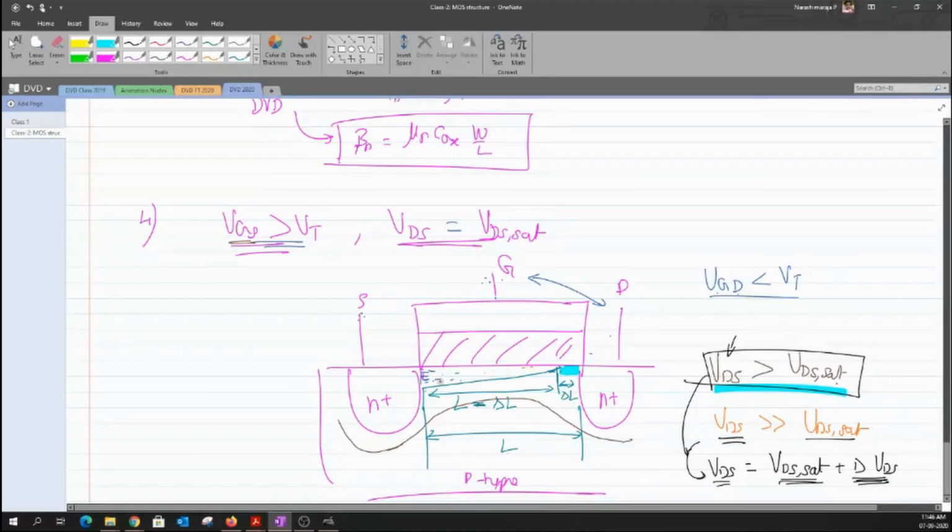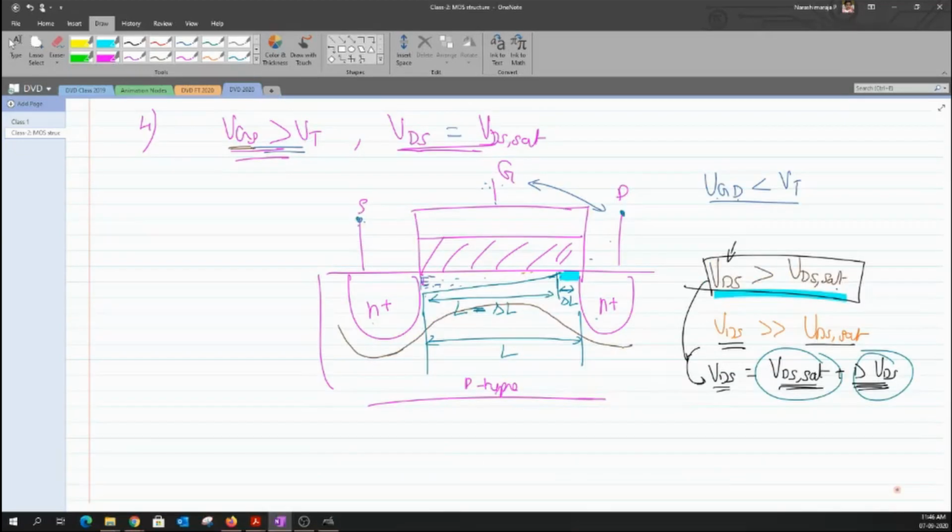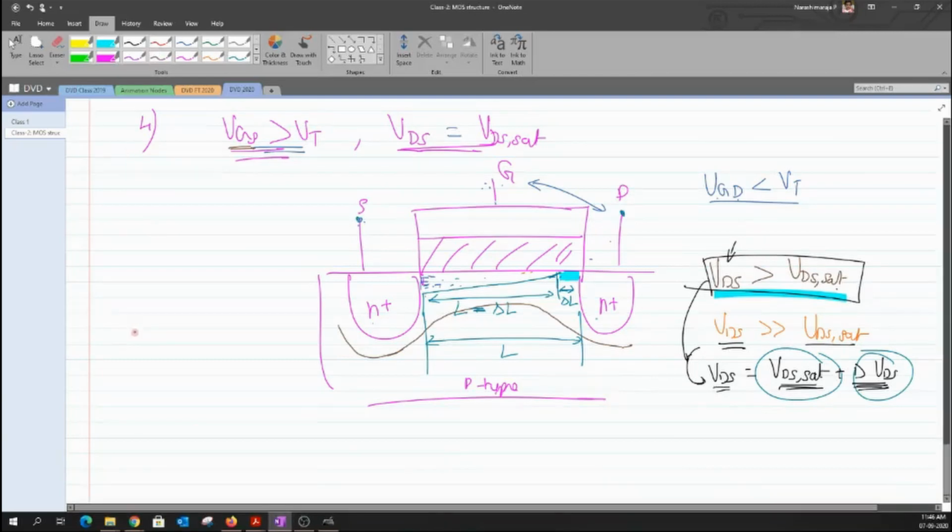Now this is the condition that I have. I have a potential difference between the source and the drain, and I know that this potential difference can be visualized as two components. How can these two components be visualized across this particular channel between the source and the drain? Any answer for this? Sir, can you repeat the question? Yeah, I have a voltage VDS which is greater than VDS sat.